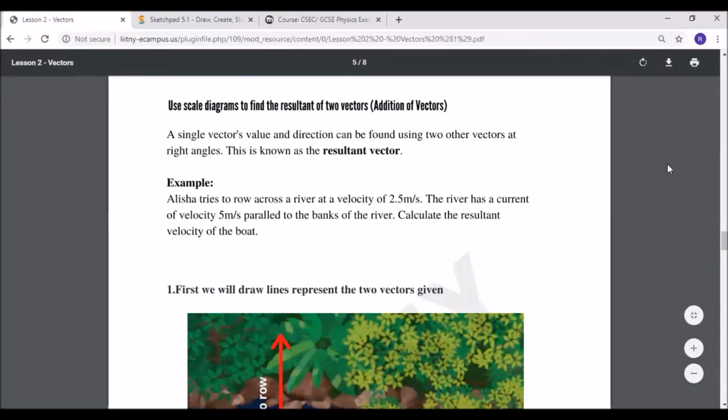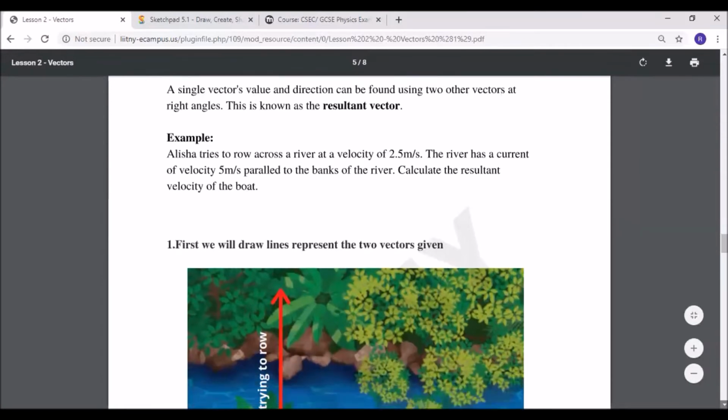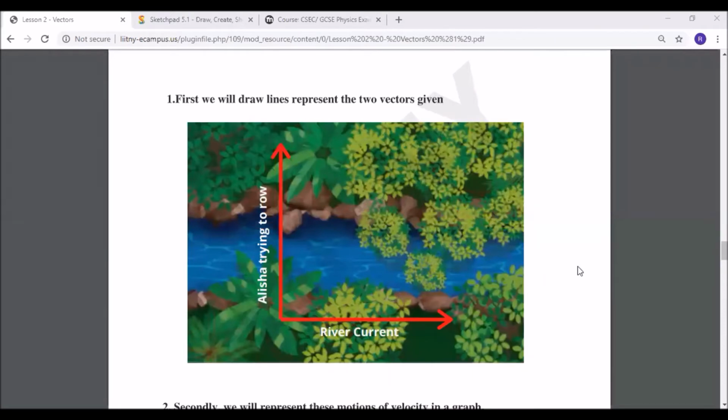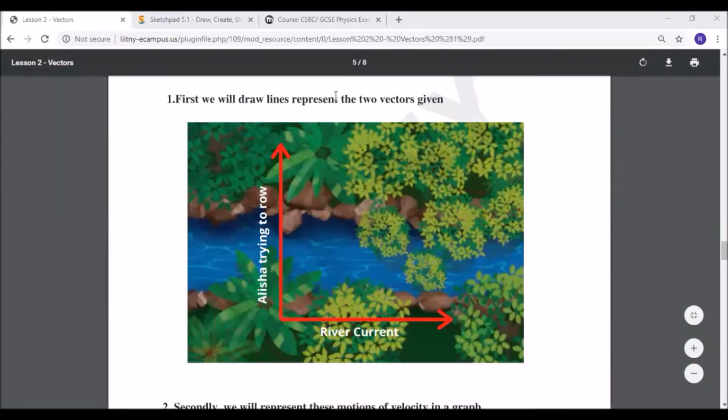So, we'll link this back to where we said that a single vector's value and direction can be found using two other vectors at right angles, right? And this is known as the resultant vector. And we'll show a diagram down here to show what we mean. So first we will draw lines that represent the two vectors given.